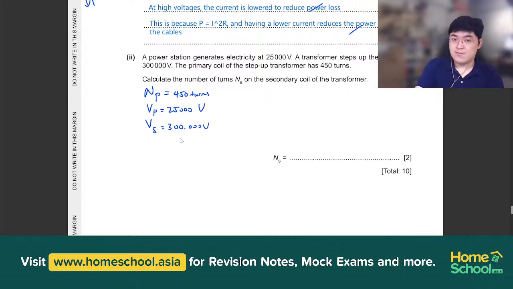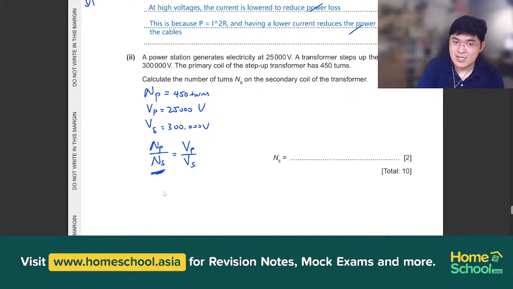As you know, the transformer equation looks like this: number of turns in the primary divided by number of turns in the secondary equals the voltage in the primary divided by the voltage in the secondary. Now let's arrange this so that the number of turns in the secondary is the subject of the equation.